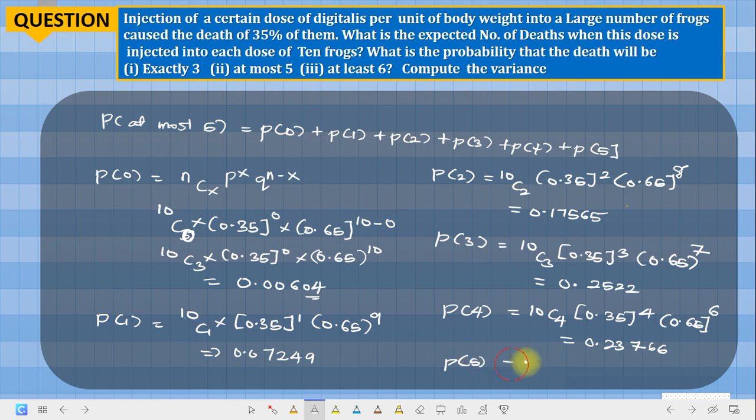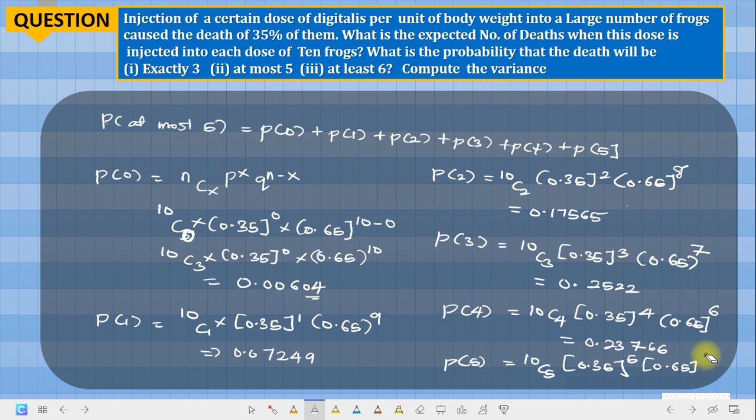And then finally, the probability that 5 will die will be 10 combination 5 times 0.35 raised to the power of 5, bracket 0.65 raised to the power of 10 minus 5. We said 10 minus 5 is 5.